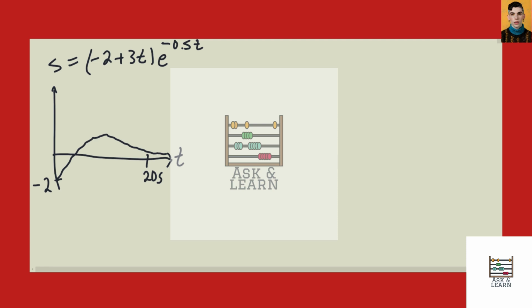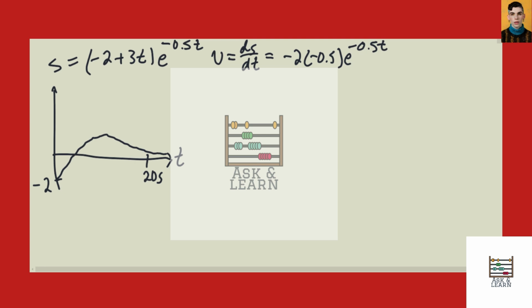All right, next thing is we're looking at the velocity, which is just the derivative of the position function. And we'll be using the product rule here to take this derivative. So first things first, minus 2 times e to the minus 0.5t is just minus 2 times the constant in front of t, and then times the exponential function again. And now we're using the product rule.